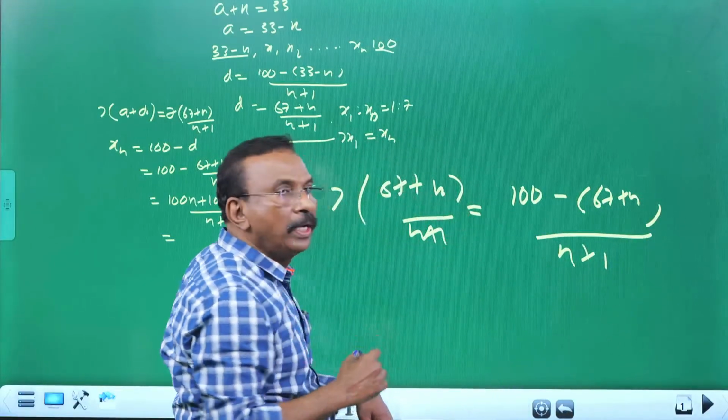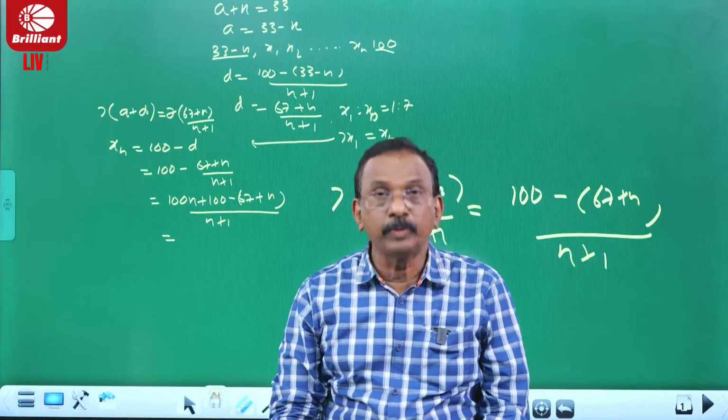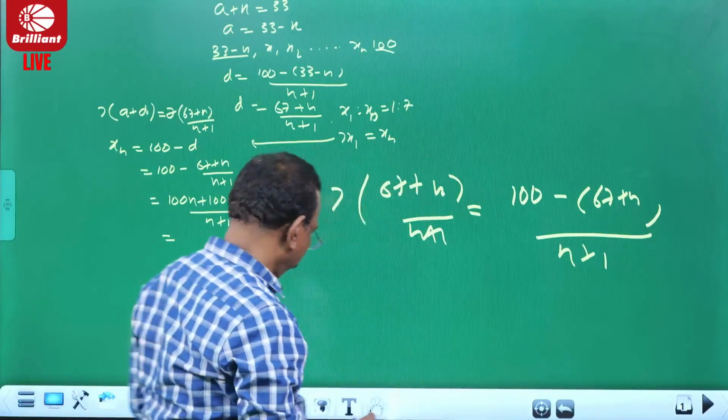By cross multiplying, we can solve for n is equal to 23. Okay.